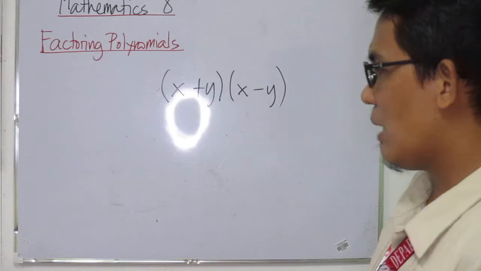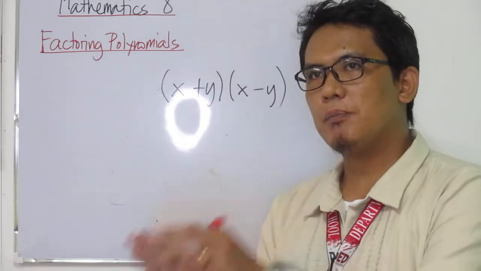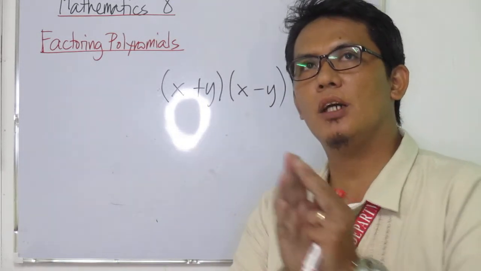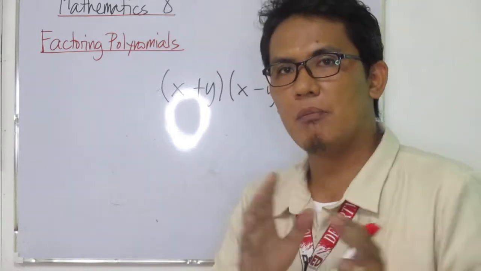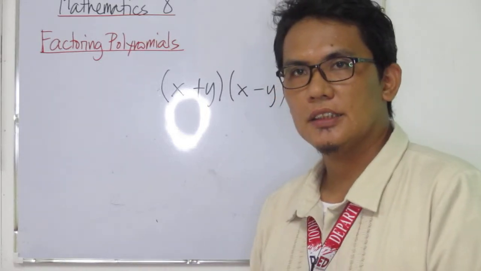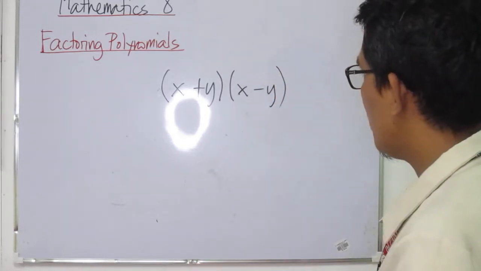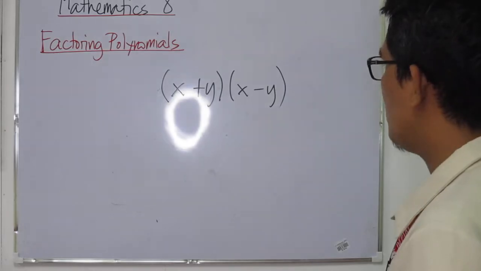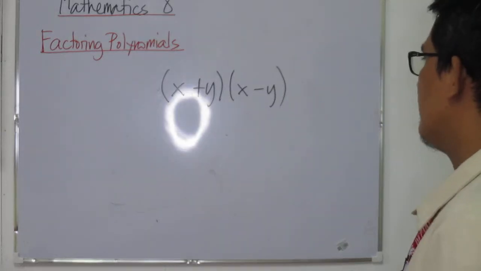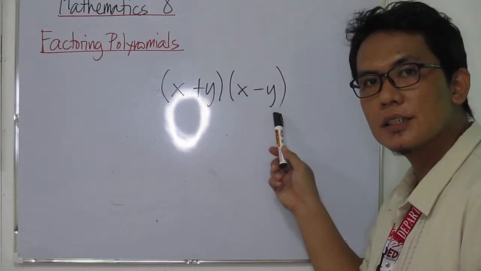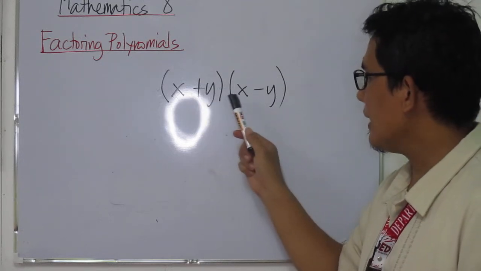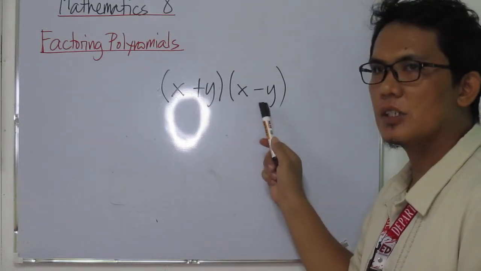So our first two examples had a multiplication between a monomial and a binomial. Okay? Here, if we evaluate our given, we're going to multiply binomials. X plus y times x minus y.